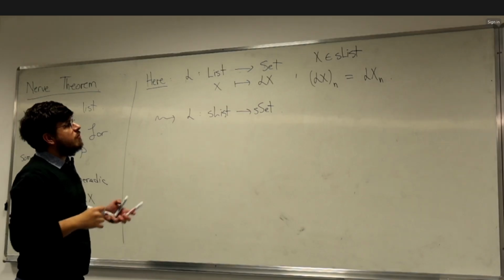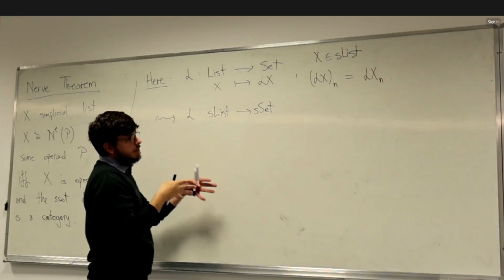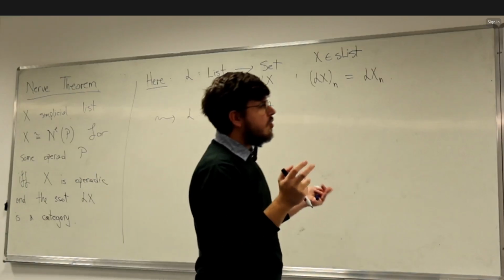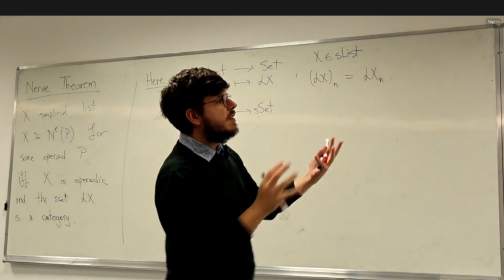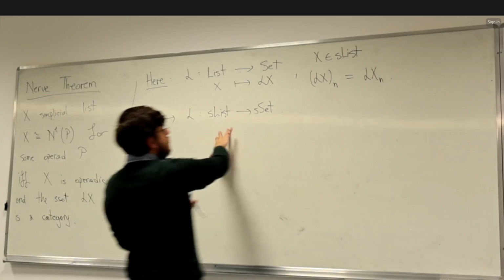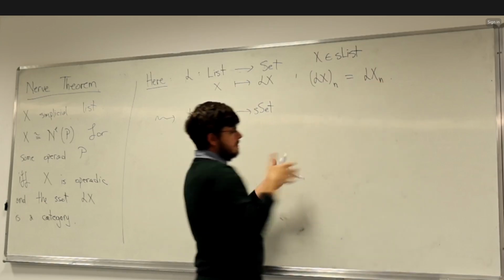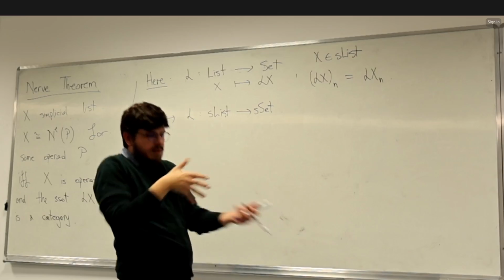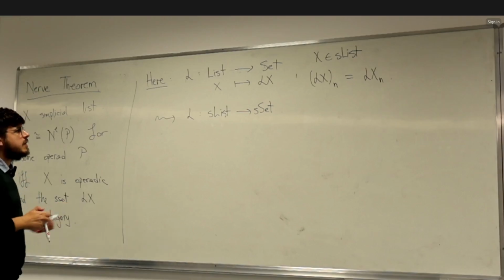This is an important functor. If you have a simplicial list, some of the simplicial operations, faces or degeneracies, will be listings. And now if you do the simplicial set of listings, those listings become functions. Okay, you get a simplicial set, that's what happens.